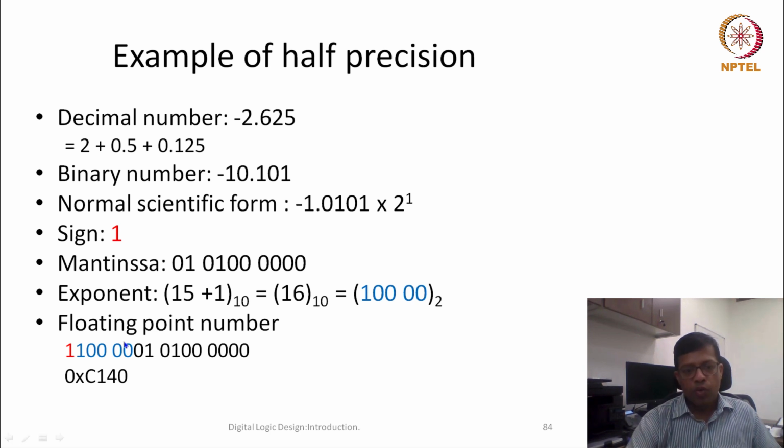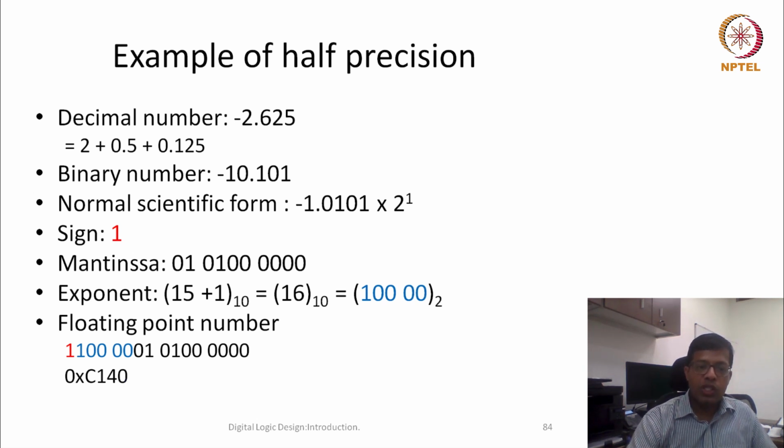So that means 1 here and then 10000, and then the mantissa bits 01, 01, 00. Again I would like to emphasize that whenever we are writing a number this way, if we write in groups of 4, then converting into hex is easier for us.